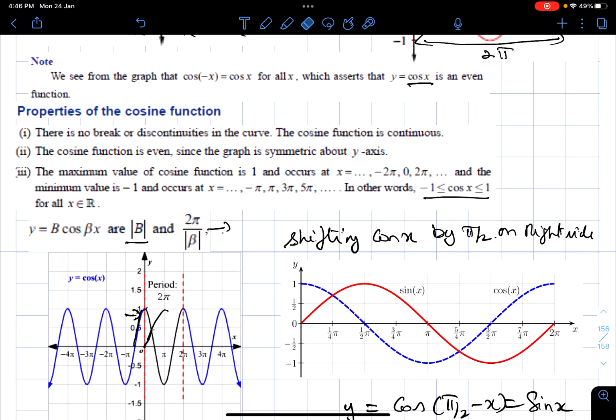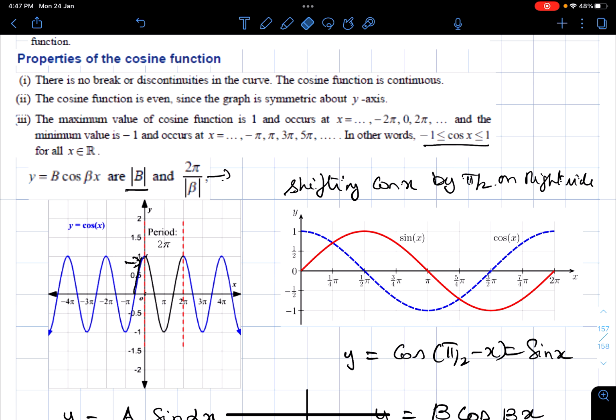When you shift the whole curve 90 degrees towards the right, you will get the sine curve. So the cos curve and the sine curve are the same.